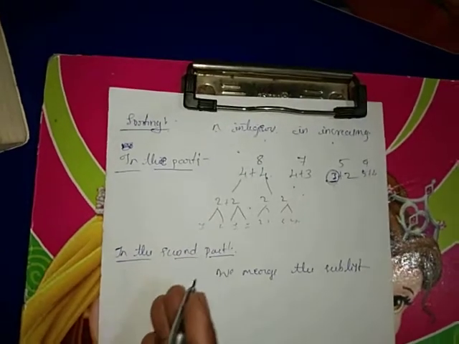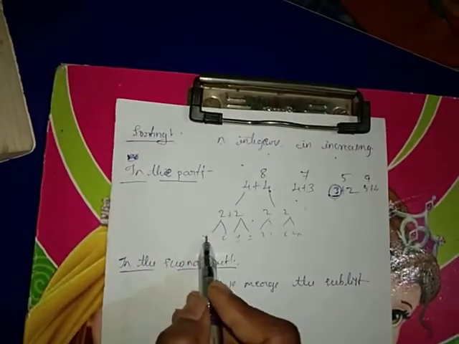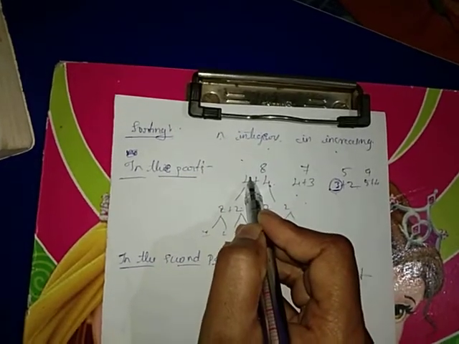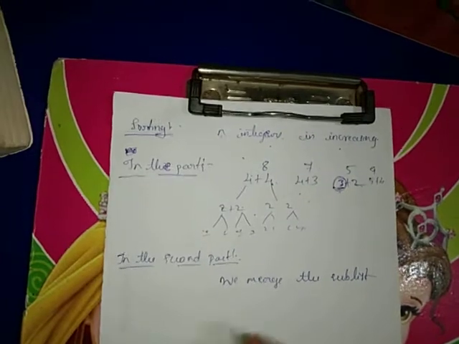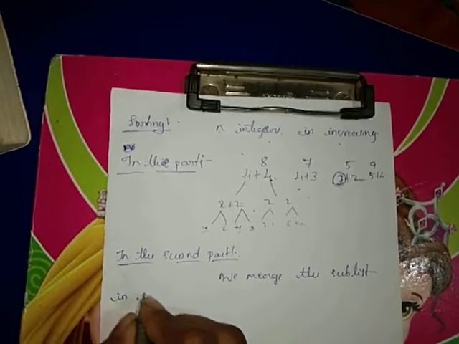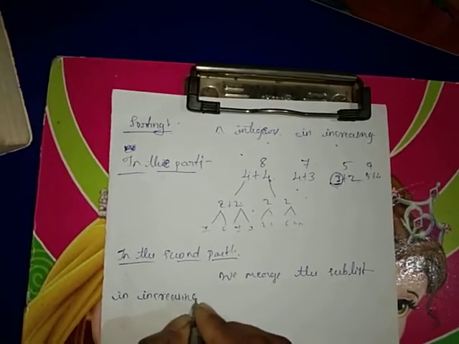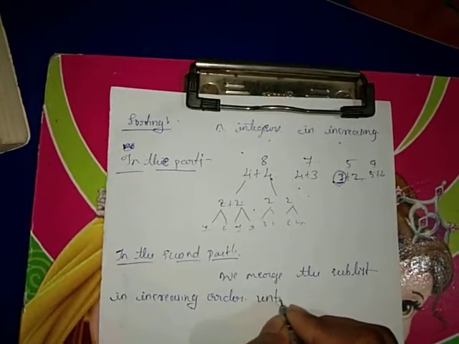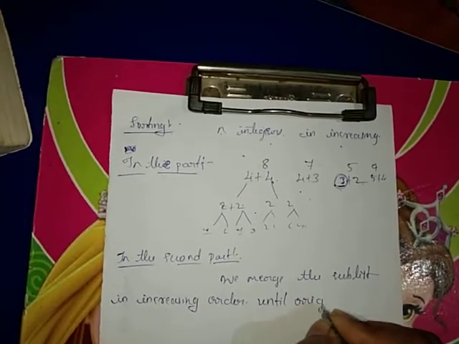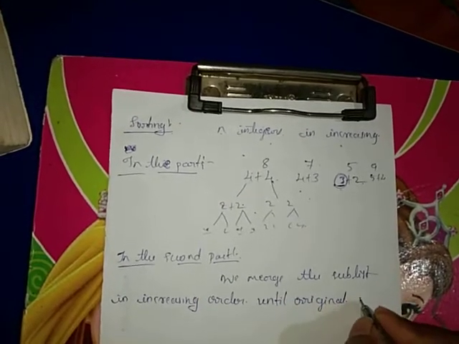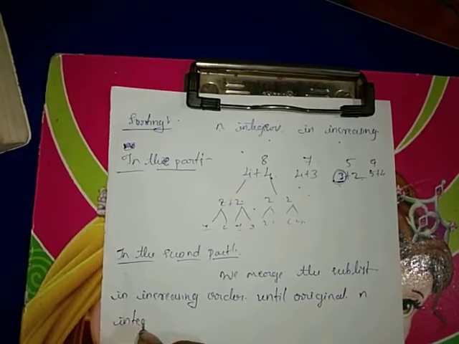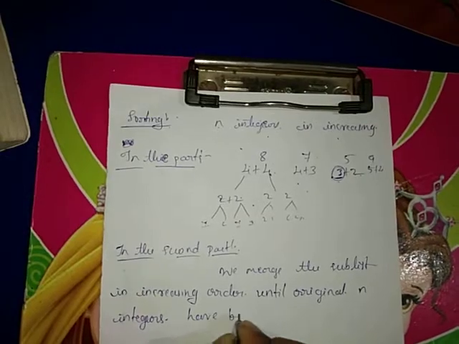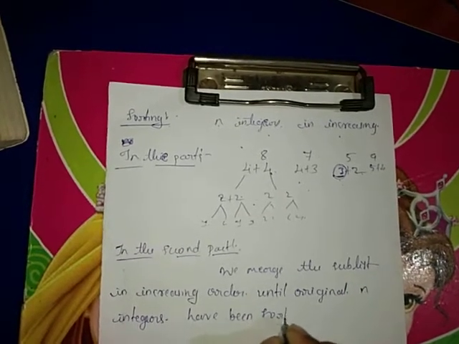We merge, meaning we have to move from down to up now. We have to merge these two, and then merge these two, then merge these two here. Means we have to merge the sublists in increasing order until the original n integers have been sorted.